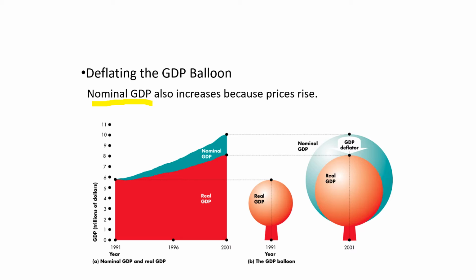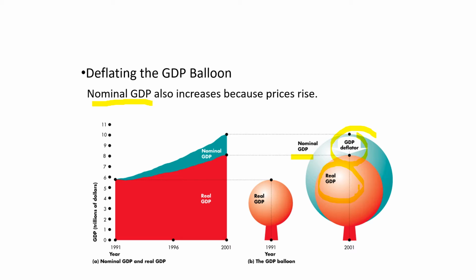Okay? So, in this figure, the GDP deflator lets the inflation air, the contribution of rising prices, out of the nominal GDP balloon so that we can see what has happened to the real GDP.